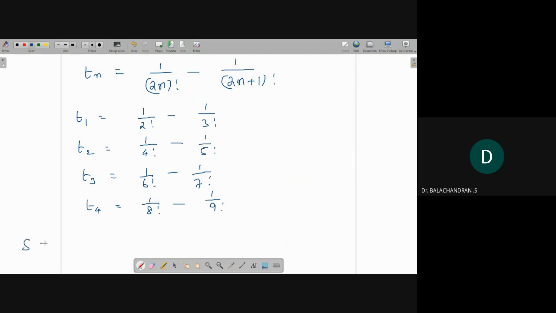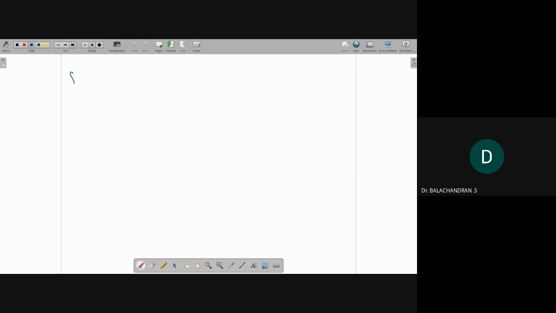So S is equal to T1 plus T2 plus T3 plus T4 plus so on. So add vertically. So 1 by 2 factorial plus 1 by 4 factorial, 1 by 6 factorial, and so on.